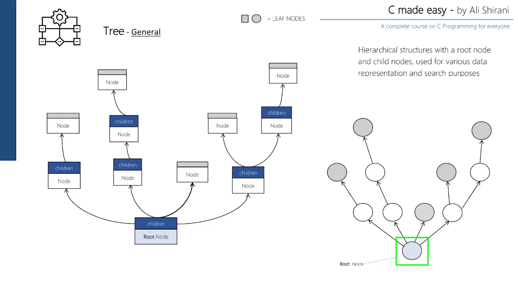Then it has branches, and every branch contains nodes, and every node can point to yet another node or multiple nodes. This is a common tree, a common structure.